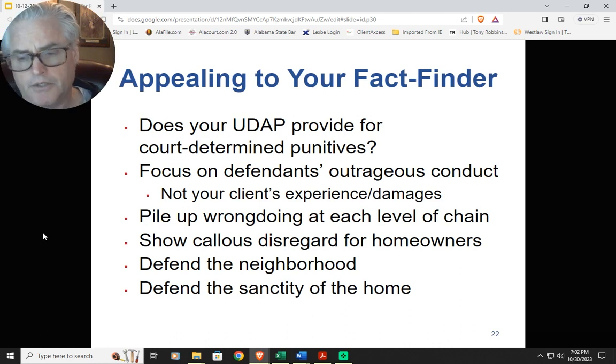And your client's experiences and damages flow through the prism of the wrongdoing. So in a perfect setup, what you're arguing to the jury is, this happened to my client, and they know that it happens to everyone they do this to.